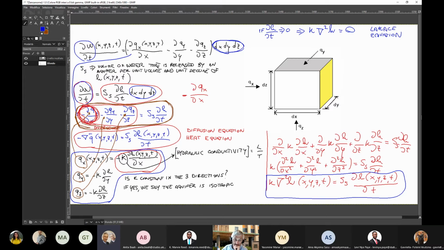Now, we don't want to go into the details, and it is enough that we know that through this equation, we can solve our problem by referring to a 1D solution, a 2D solution, or a 3D one, in steady state or unsteady state.